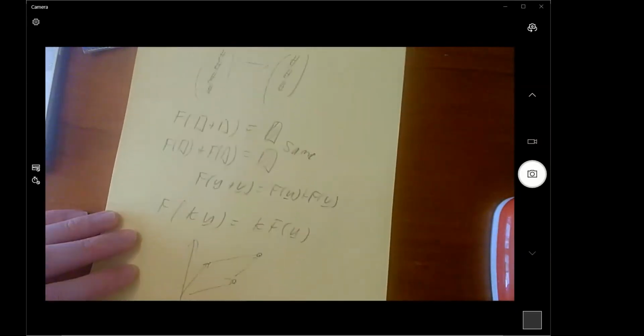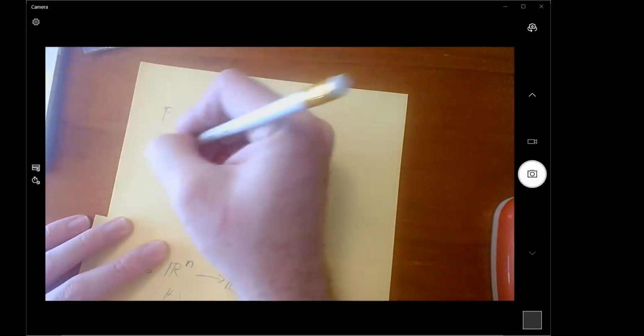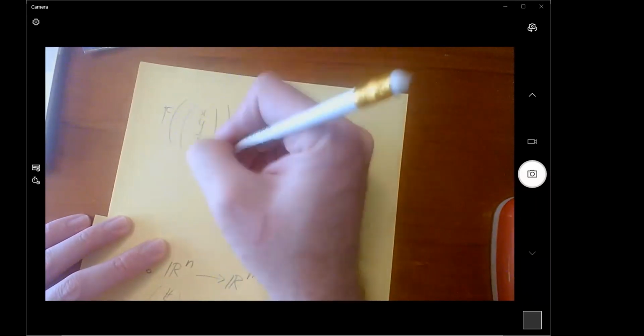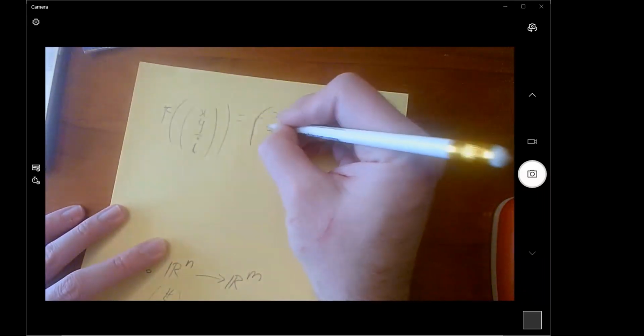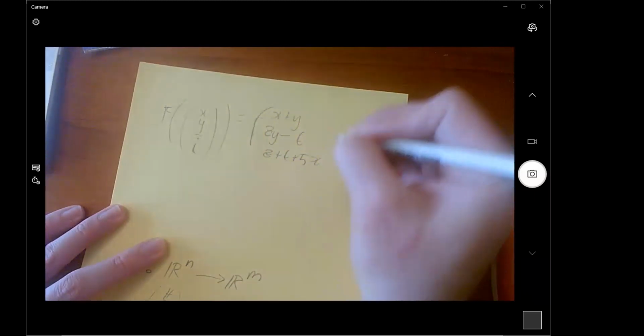Even though some of them had wicked formulas or just a word description, like project this onto this and then multiply it by 4, you can describe linear transformations with words about what they do, and you can describe them with formulas like f of x, y, z, t is x plus y, 2y minus t, z plus t plus 5x, or something like that.